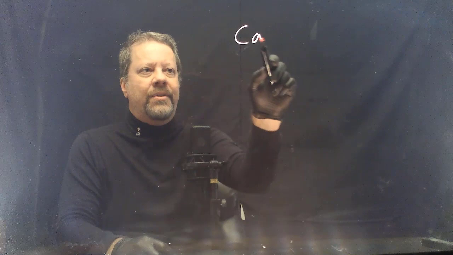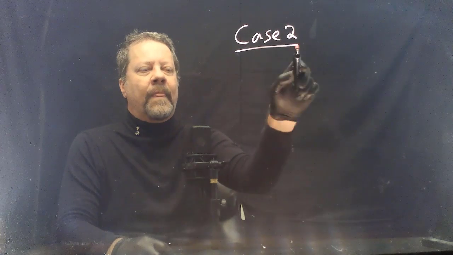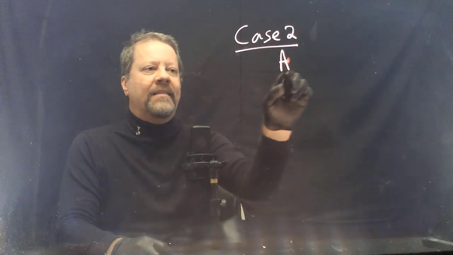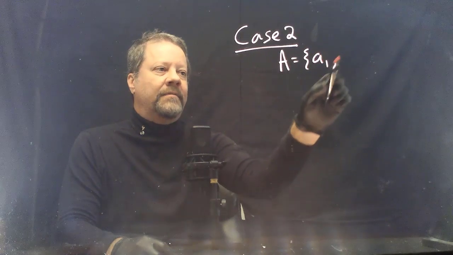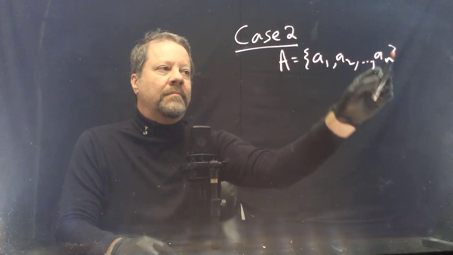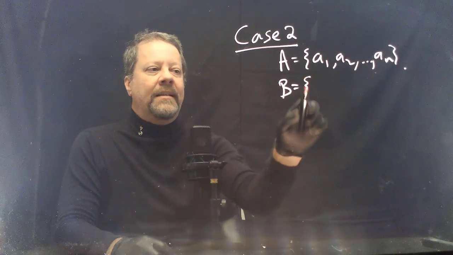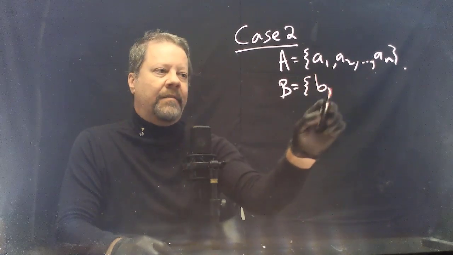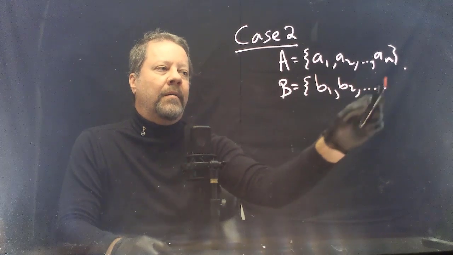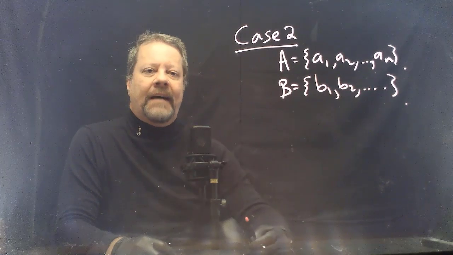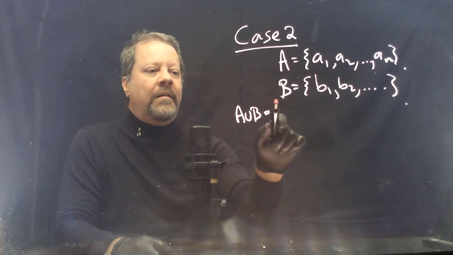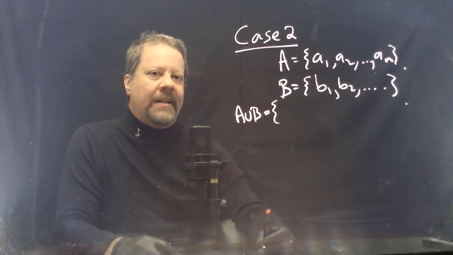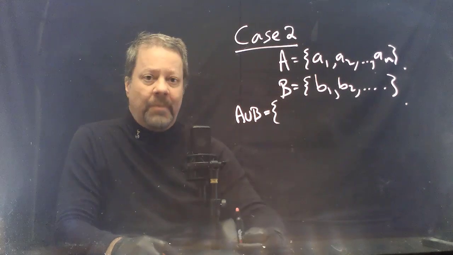In case 2, we'll assume that A is finite and B is countably infinite. Then how can we take the union of these and make a correspondence with the natural numbers to show that it's countably infinite?